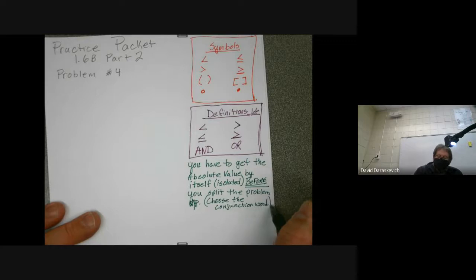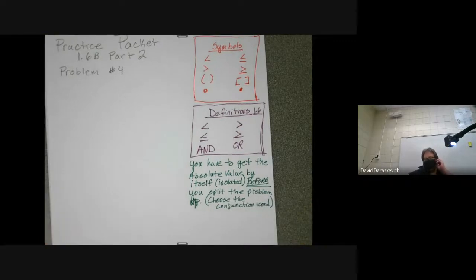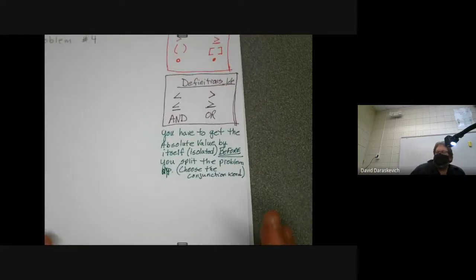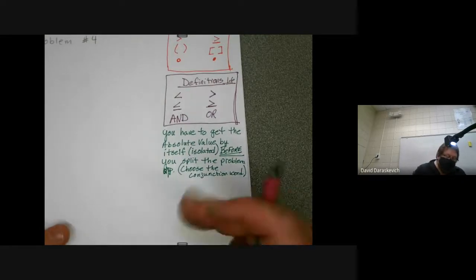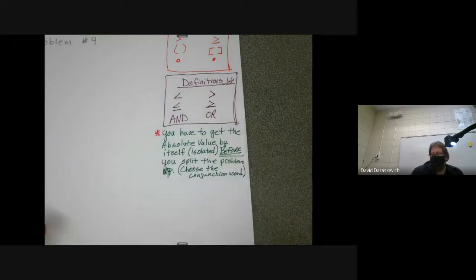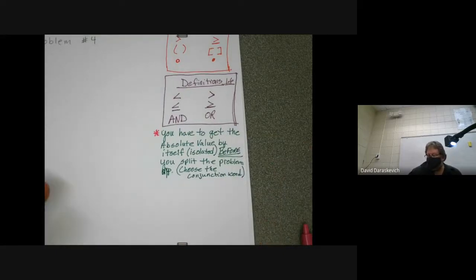Now, it's really important that you do this because there are going to be problems, and I don't like some of these problems that they gave you, because some of them are there just to trick you up. But this is really important, and I'll tell you why. Let's look at problem number 2.